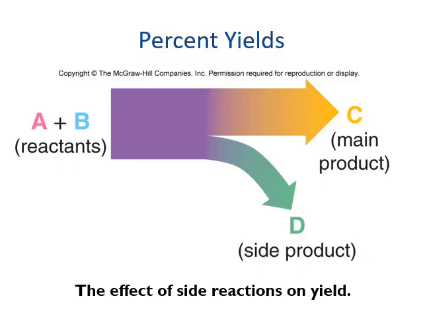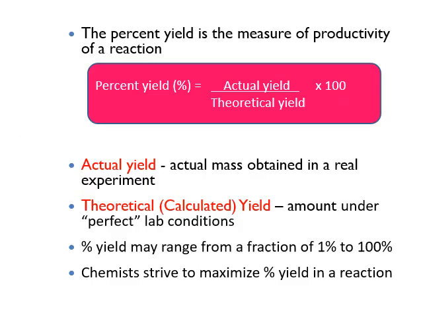So next is percent yield. Percent yield is when A plus B produce C and D. Alright, so how much do we want to know our yield? We can use this formula. Percent yield is equal to actual yield over theoretical yield times by 100%. Actual yield is the mass obtained in the real experiment.